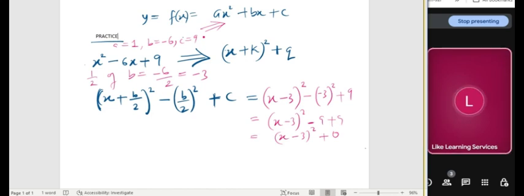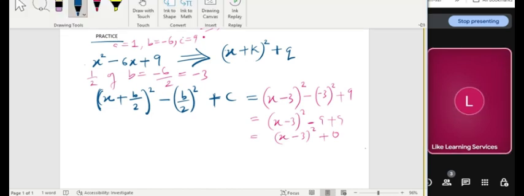So of course, in this case, whenever you do this, you will need to compare it with all of this. So k is what here?